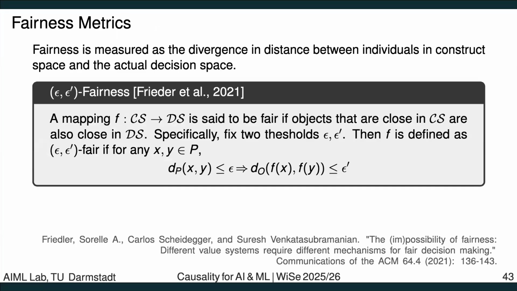And so this framework with constructs, decision space, and observed space that we talked about, this paper then introduced a sort of epsilon fairness, which basically tells us, if I have all my attributes and let's say for now I'm able to learn or define some distance metric over all of my spaces, at least in theory, some decision is fair if the distance in my prediction space, so the distance in the outcome labels, is smaller than some epsilon, in the case that the samples I gave in are also close together.